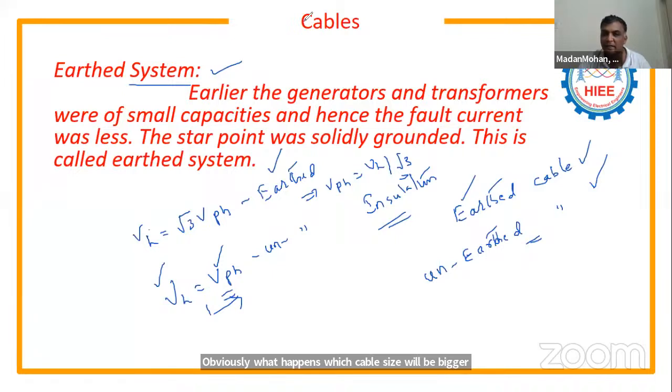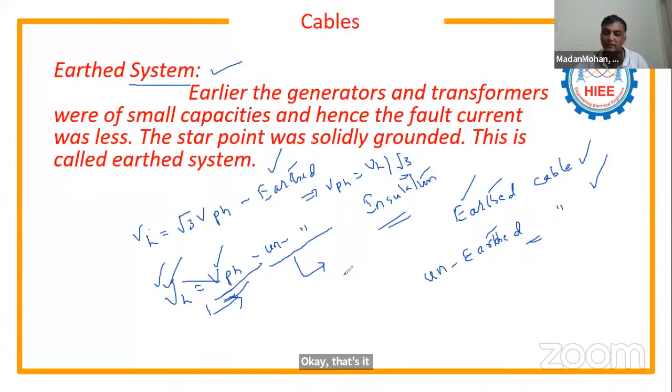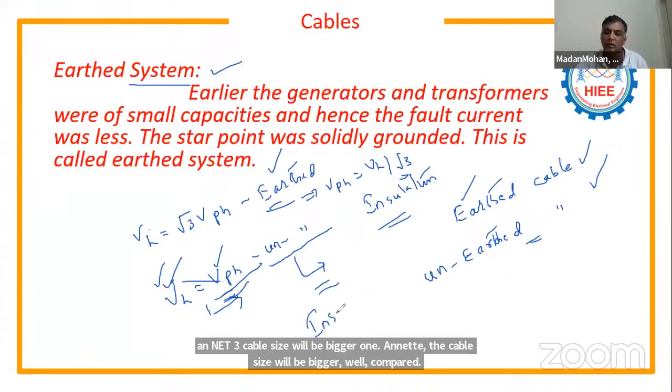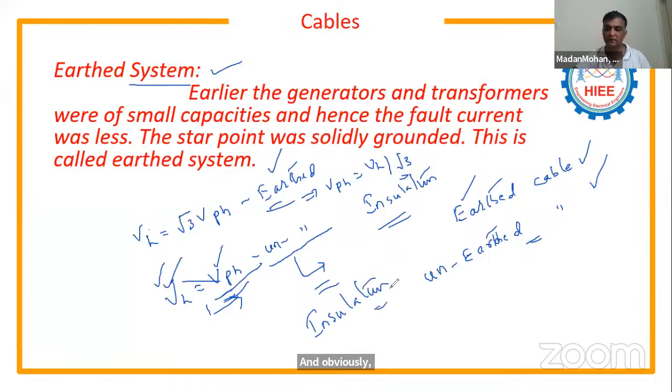Obviously, which cable size will be bigger with the same cross-section area of the conductor? Earthed cable size is bigger or unearthed cable size is bigger? Guys, I need answers from you. Which cable size, cable diameter? Because in case of unearthed cable, the amount of insulation around the conductor shall be equal to the line voltage. That's the reason unearthed cable size will be bigger. Because of the amount of insulation around the conductor.